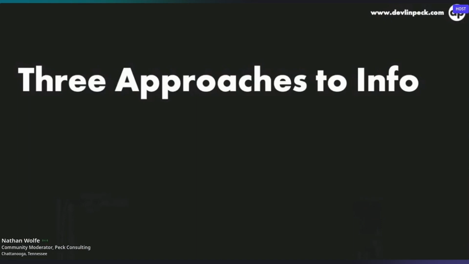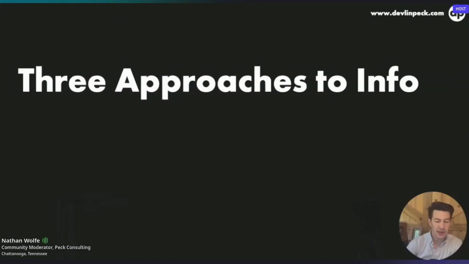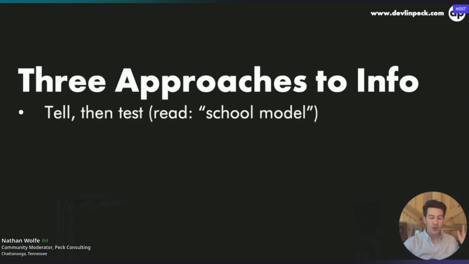And so take a look at these three approaches because we might notice that we'll find some things that we may have done in the past that you could connect with, or maybe, if you haven't designed training yet, we can avoid some of those pitfalls. But not to say that they don't have their place, but we can tell and then test, right?